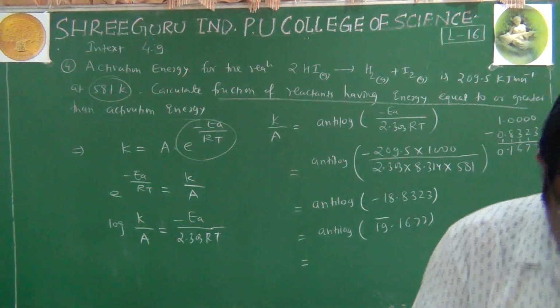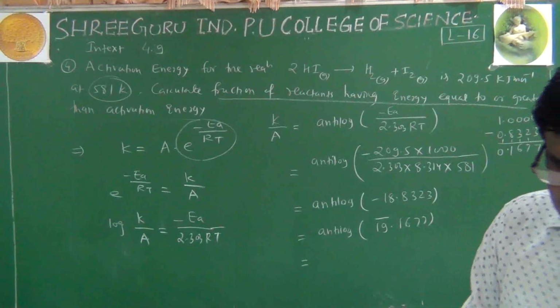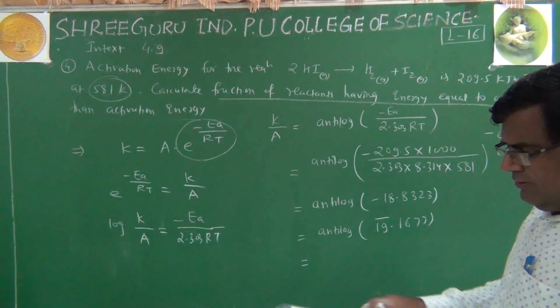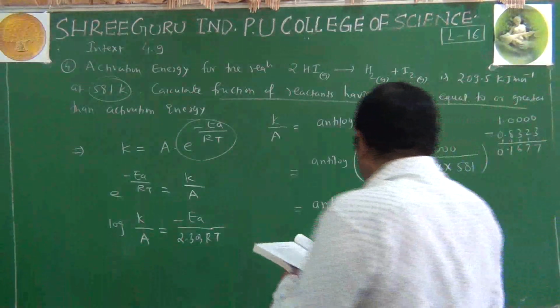How do we look up 0.1677? I have here a log table, this antilog page.